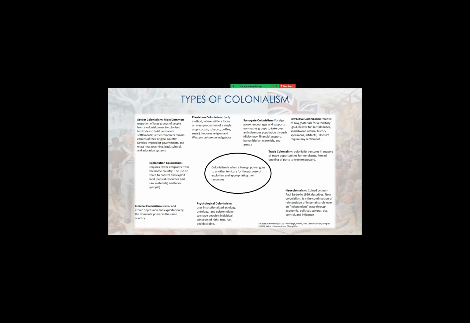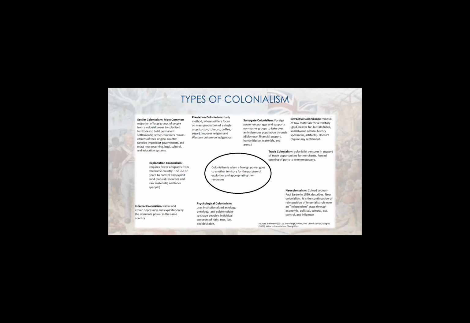They're more concerned with removing the raw materials from a territory: gold, beaver fur, buffalo hide, sandalwood, natural history specimens and artifacts for museums. It doesn't require settlement. It does require the exploitation of labor, usually of colonized people.